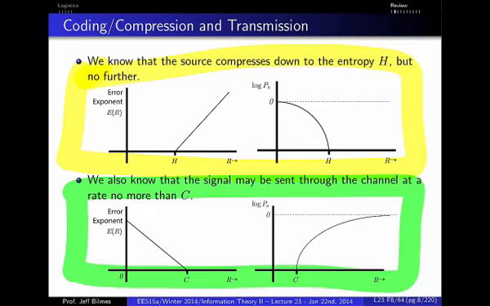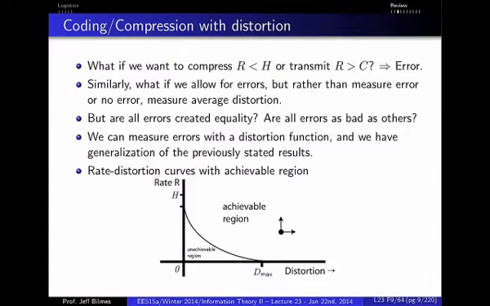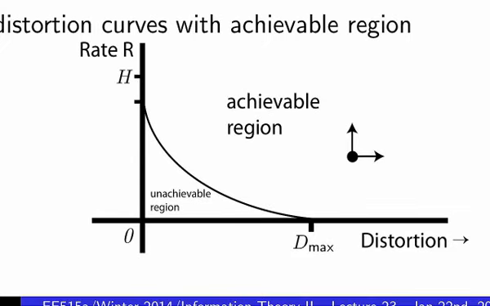But what we're talking about now is the context where we're willing to accept a certain amount of error as measured by a distortion function. And so we get a very different kind of picture. We're going to be seeing these kinds of pictures a lot, and I should be clear that this picture should be clear.